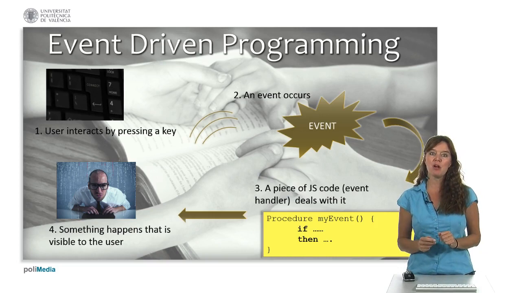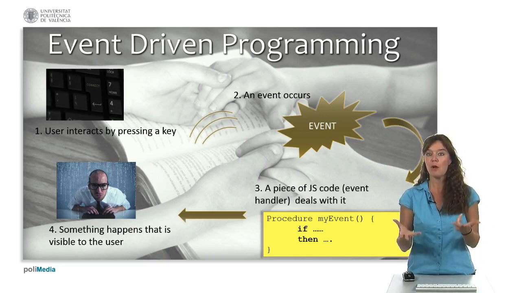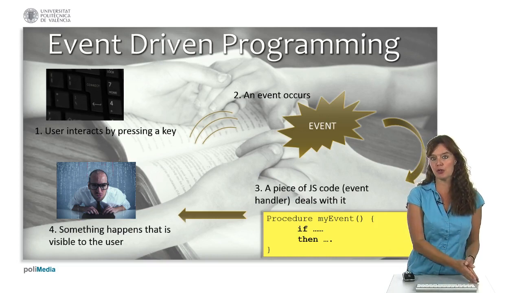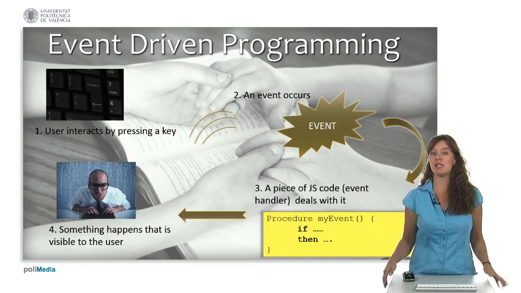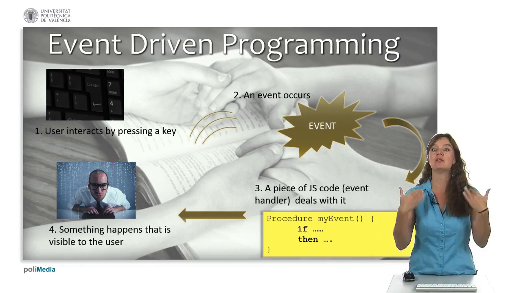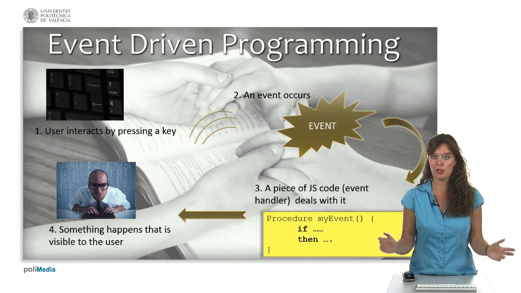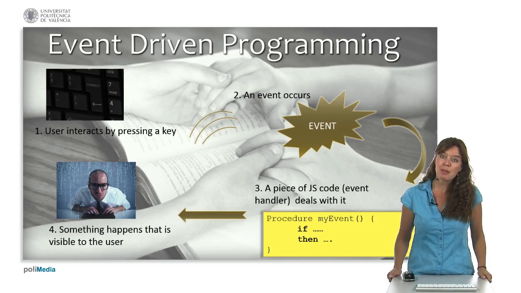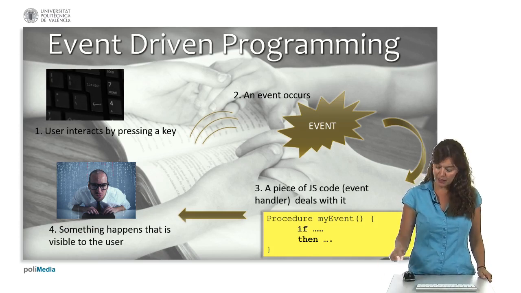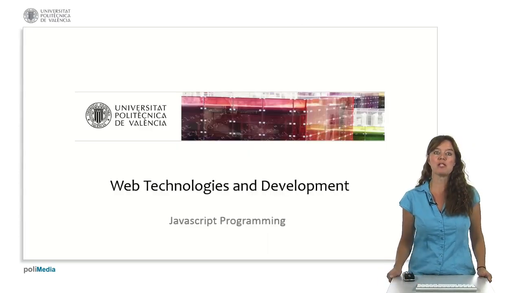This piece of JavaScript code contains event handlers that actually handle what should be done when the user has done a certain event. And then this is being executed locally in your browser, and then the user sees something happening and can continue using your website, reacting to that behavior of the JavaScript. So that's basically how JavaScript works. In the next part, we're going to see how we can program JavaScript ourselves.